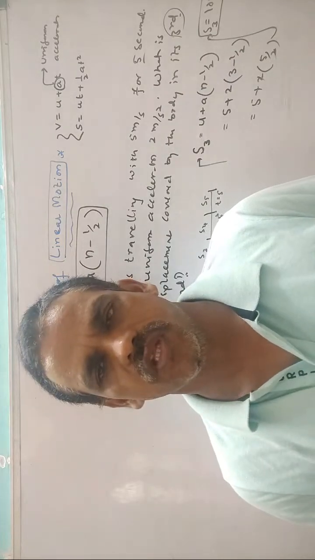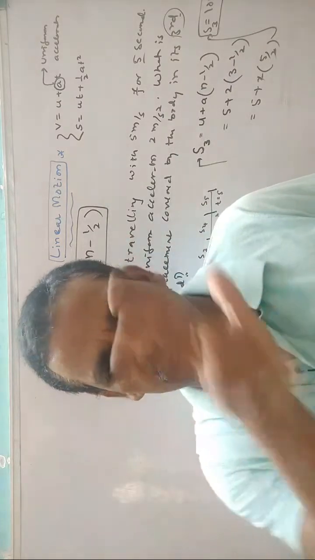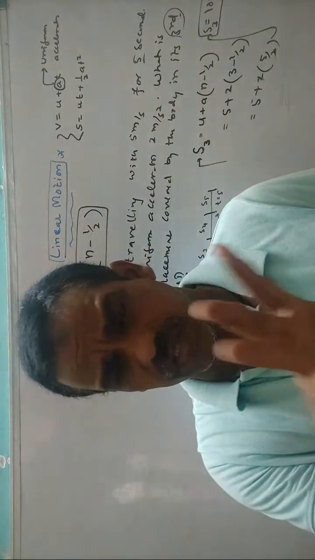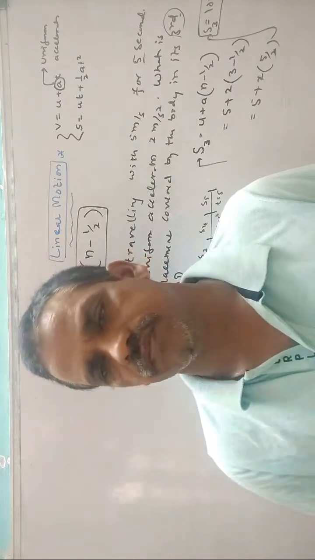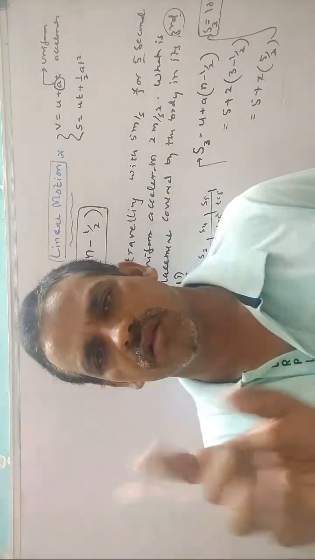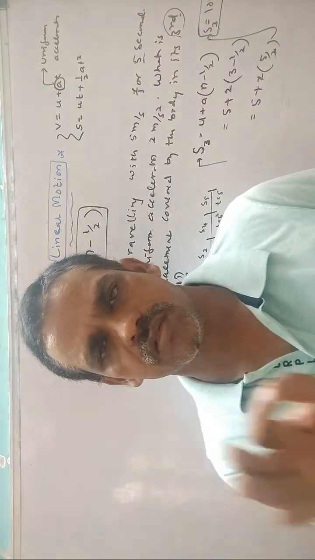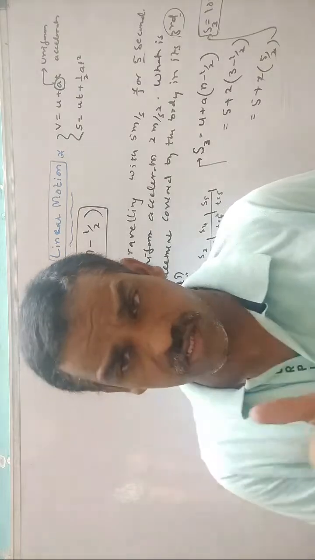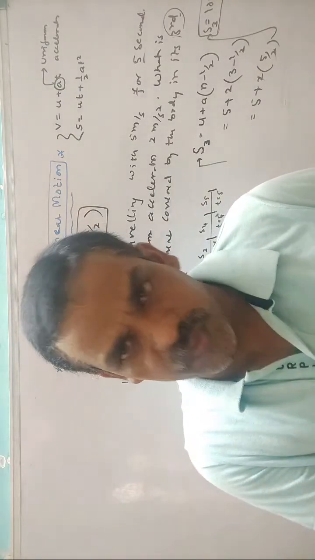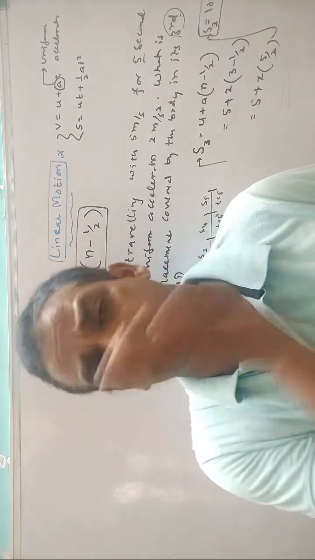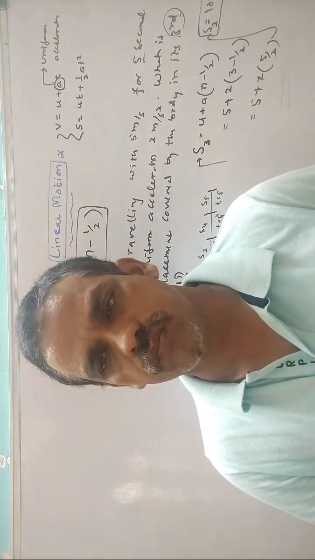So this is the fourth equation, somewhat different from the first three equations. In the first three equations the time is fixed, that is the total time traveled by the body, 5 seconds, 6 seconds, 10 or 15 seconds. But here we have the first second displacement, second second displacement, third, fourth and fifth second displacement.